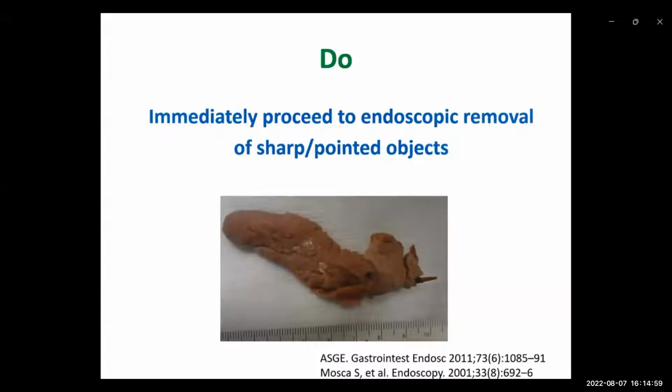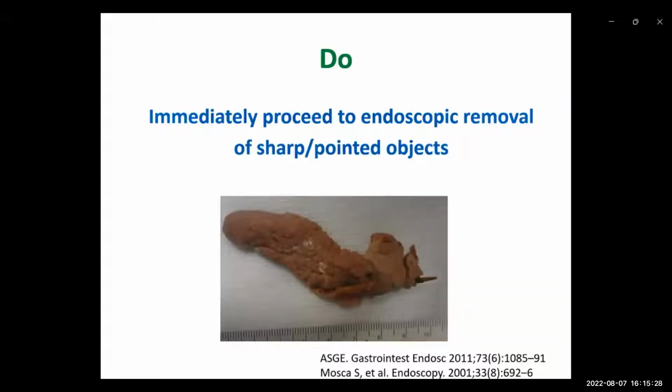Do immediately proceed to endoscopic removal of sharp or pointed objects, even when it is within a food bolus impaction. Any pointed or sharp foreign body should be extracted without delay. In this setting, a recent meal is not a contraindication to urgent endoscopic removal.